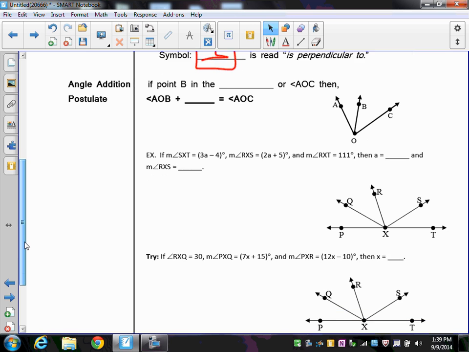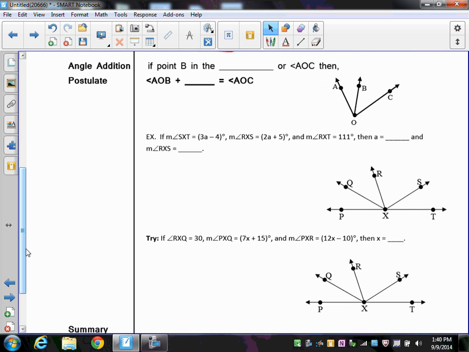The last thing here is the angle addition postulate. If point B is in the interior of angle AOC, then angle AOB plus angle BOC is equal to angle AOC.